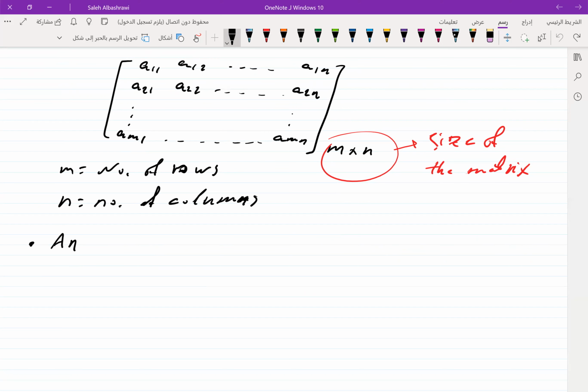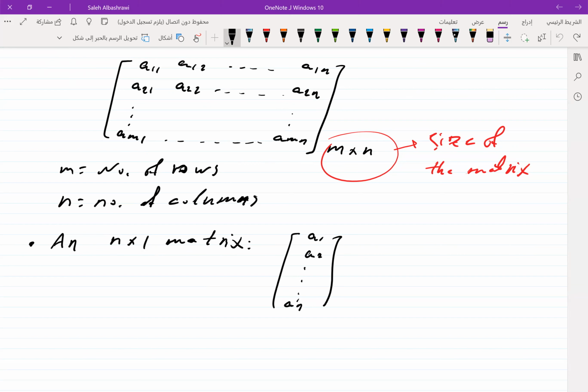An N by 1 matrix, A1, A2, up to AN, is a column matrix.